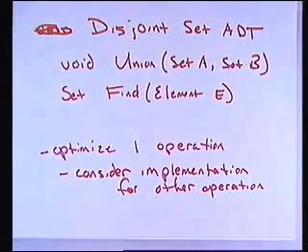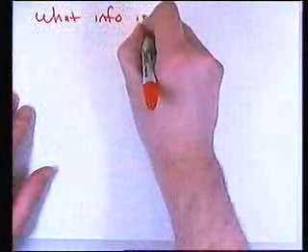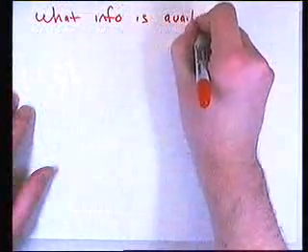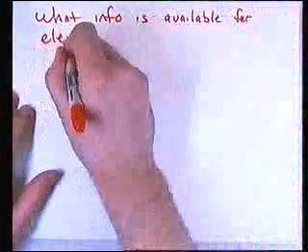Now, there's a few different issues we might deal with here. Firstly, we have the question of what info is available for the elements.